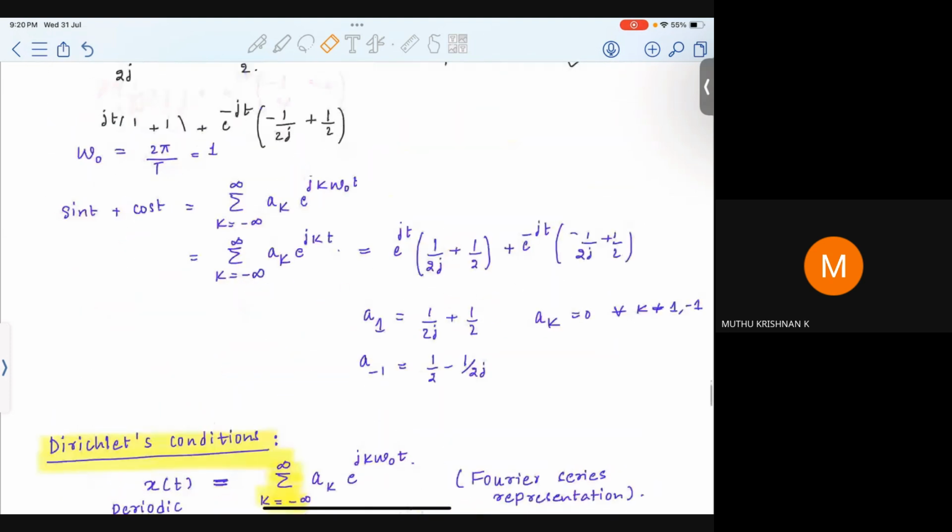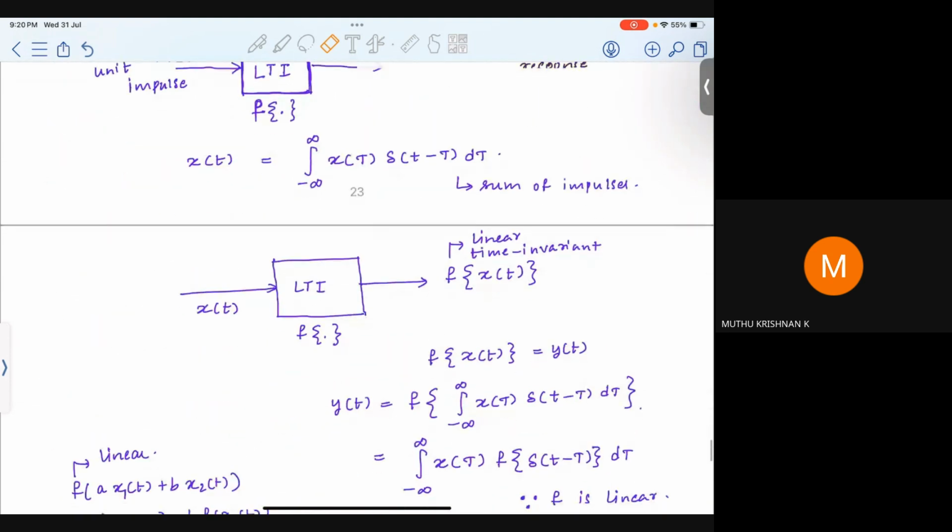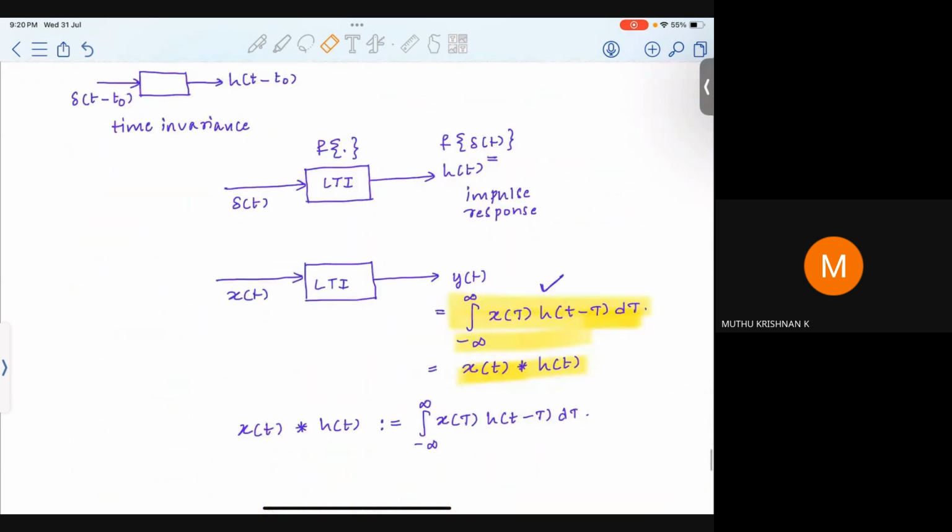Yes, here, ma'am, the convolution part. Here we have minus tau on the h, right, ma'am? In the bracket.